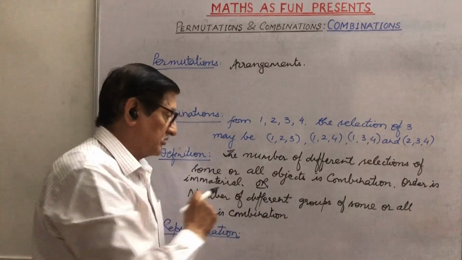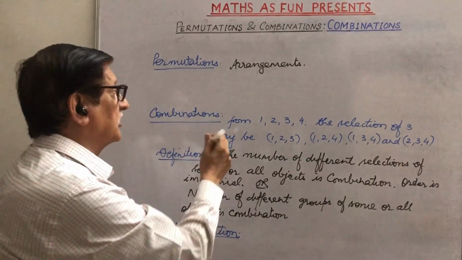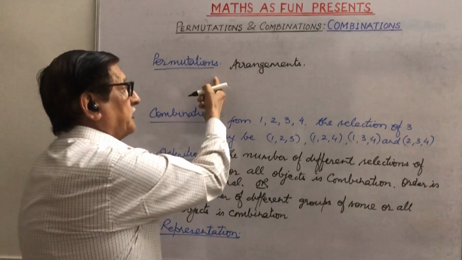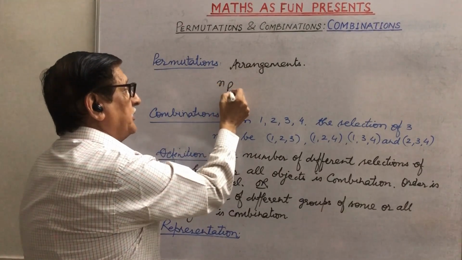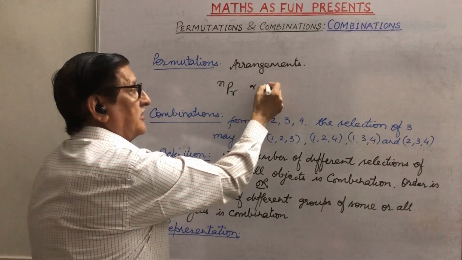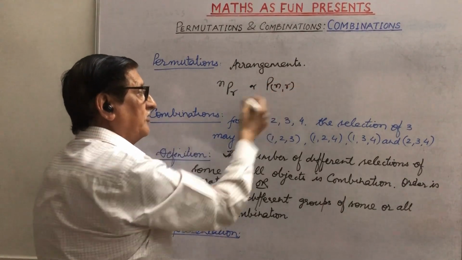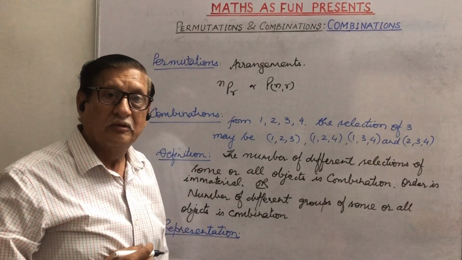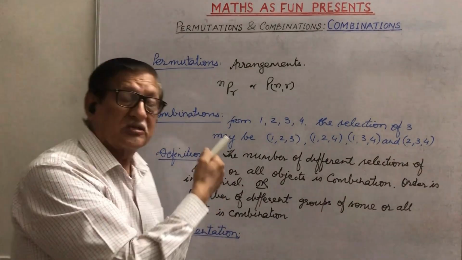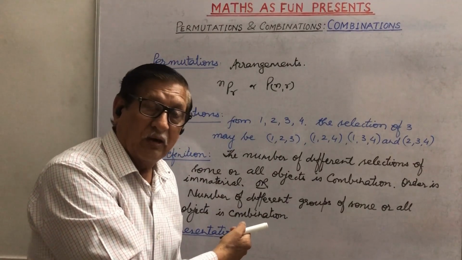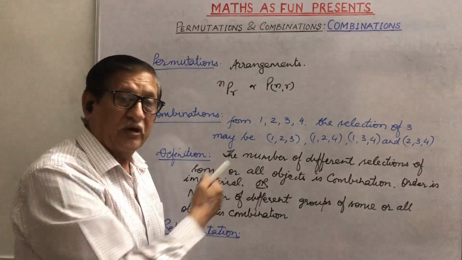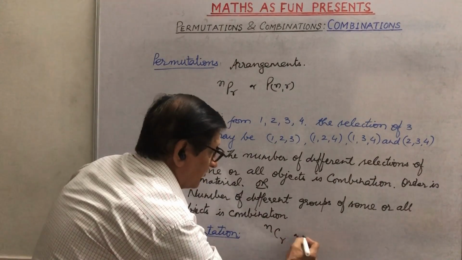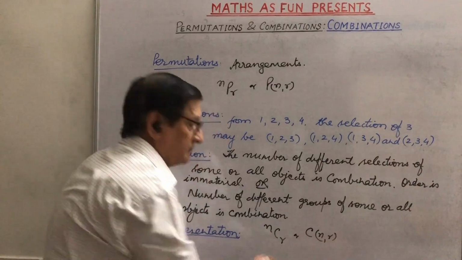Then how to represent it? When we want to represent permutations, the representation was nPr, or we said this as PnR, when we were arranging r objects out of n. But when we go for combination, there is selection of r objects out of n, that is represented as nCr, or we can say CnR.